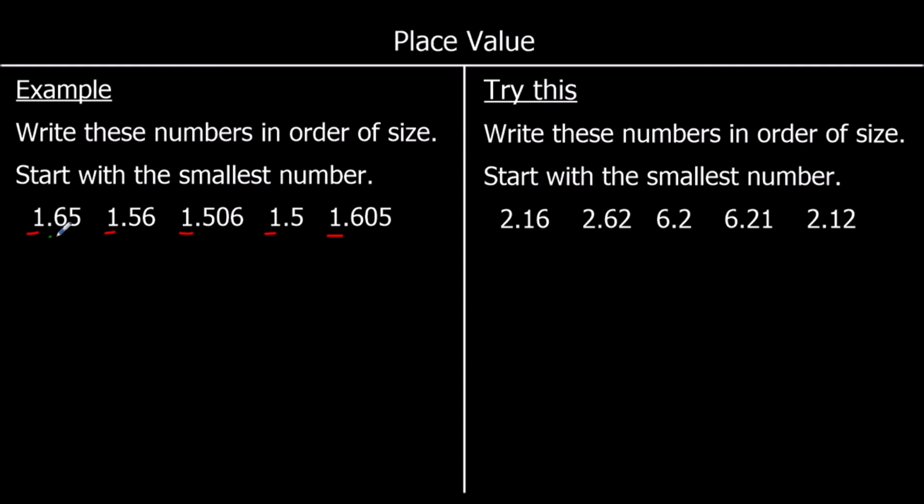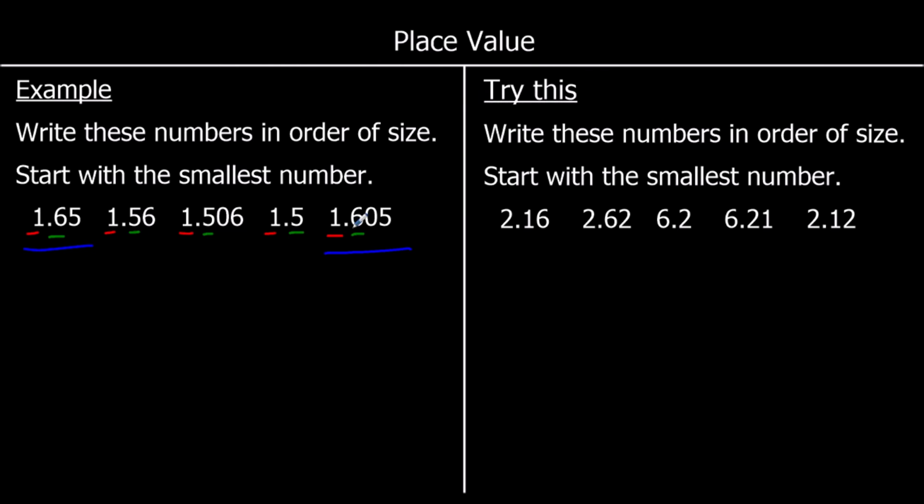And so we've got 6 tenths, 5 tenths, 5 tenths, 5 tenths, and 6 tenths. So all of the numbers with 6 in the tenths are bigger than all of the numbers with 5 in the tenths. So we've got the two biggest ones here. And I'm going to start with the biggest again this time.